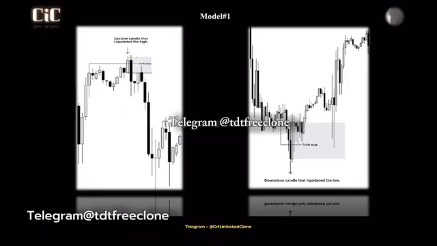Now, I went a bit deeper than I was intending to in the summary. But in plain English, bearish model number 1: up close candle that liquidated the high. Bullish model number 1: down close candle that liquidated the low.